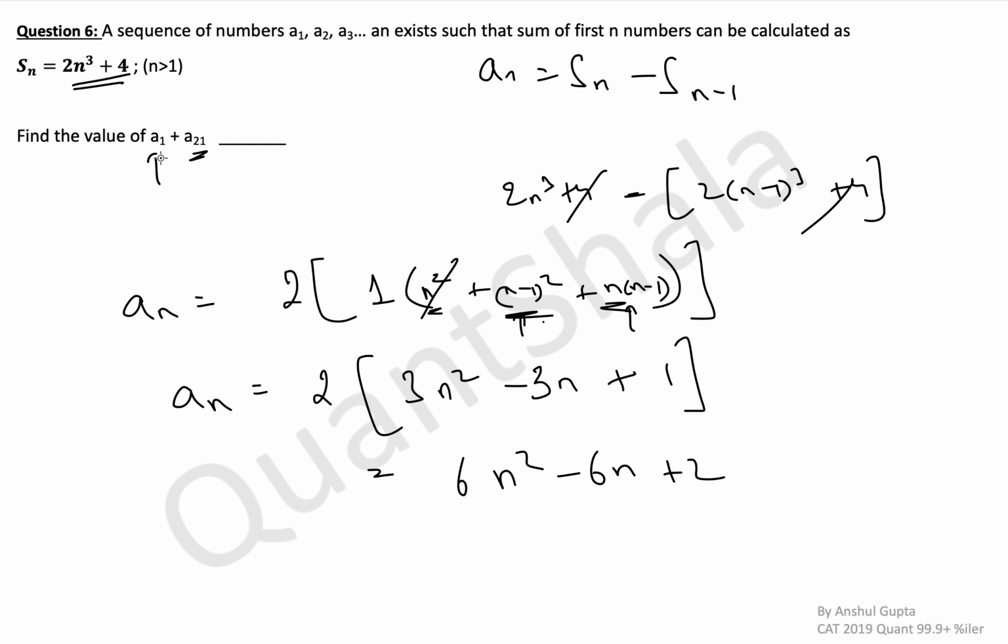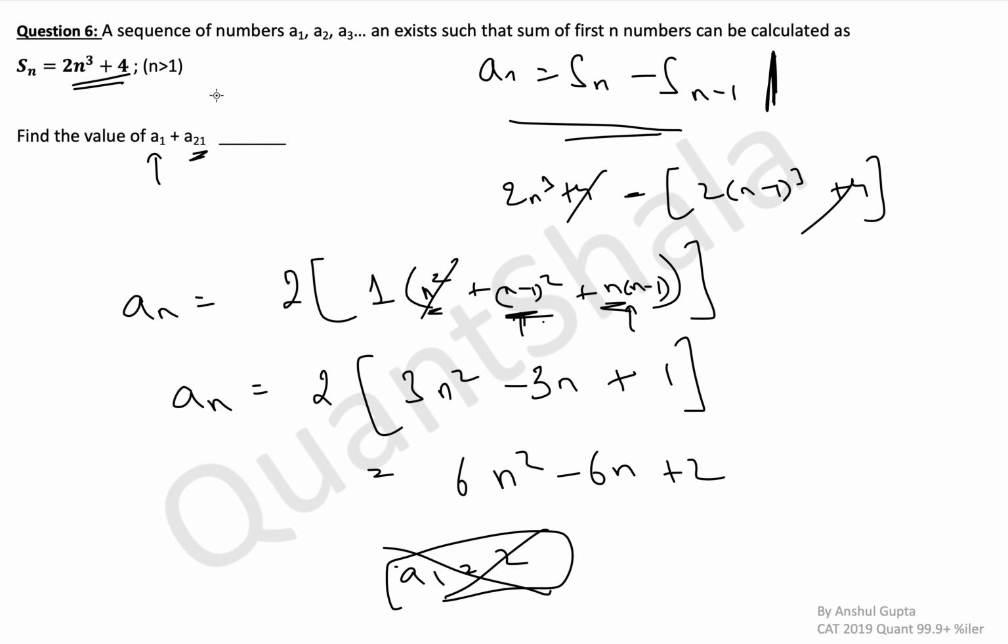So what is the value of a1? Can a1 be calculated like this? a1 will be 6 minus 6 plus 2, so a1 is equal to 2. Is this correct? No, this is wrong. One thing to keep in mind is the condition here.